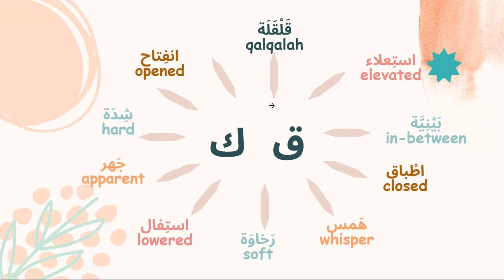The qalqala is caused because of the letter being shadid, hard. The sound terminates, the sound stops, okay? So let us examine both. Both of them have hard characters. We say a, we say ak.